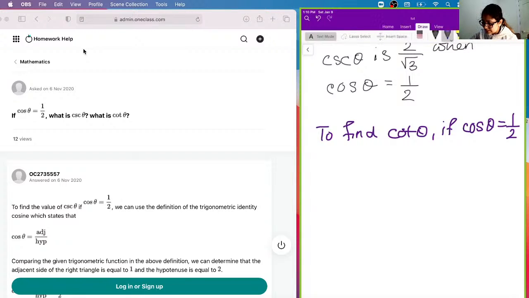So basically, our right angle triangle over here.